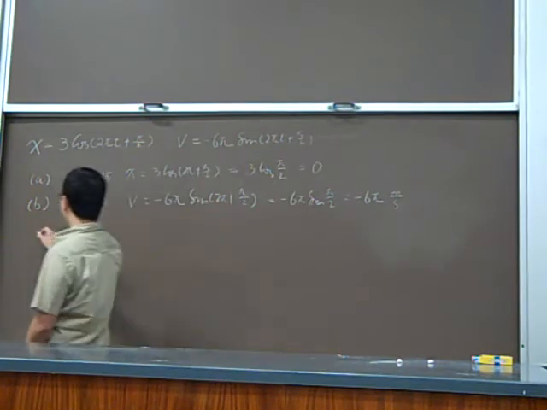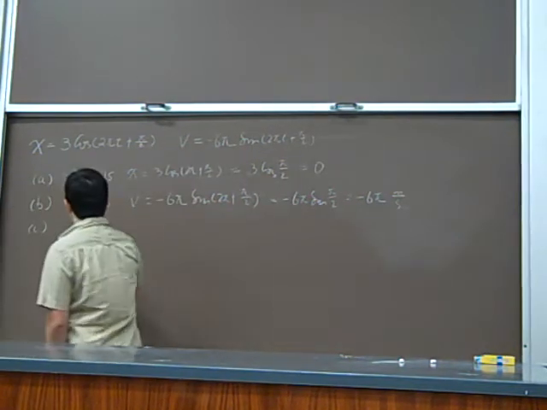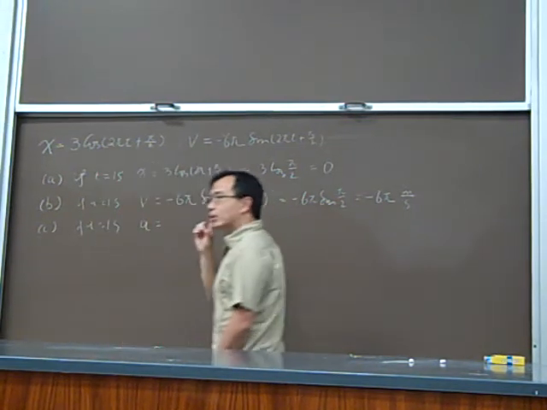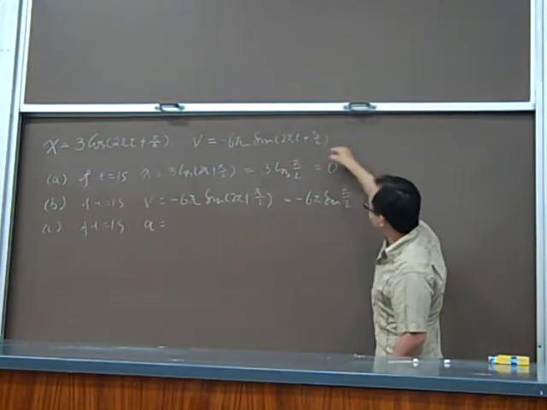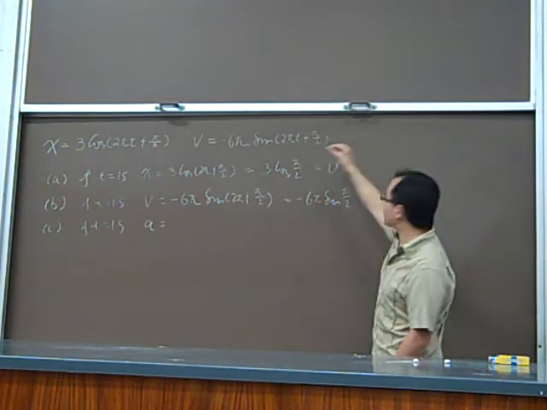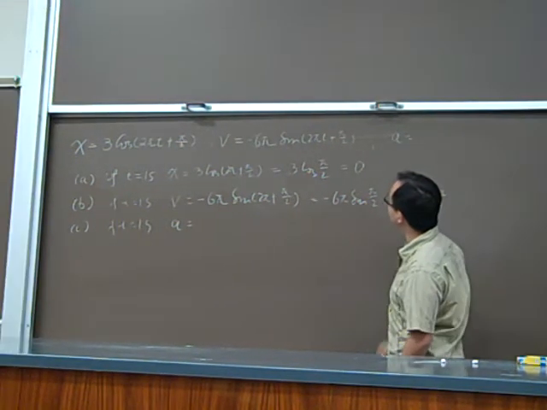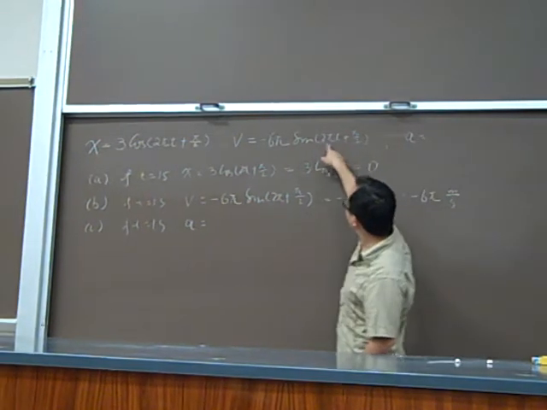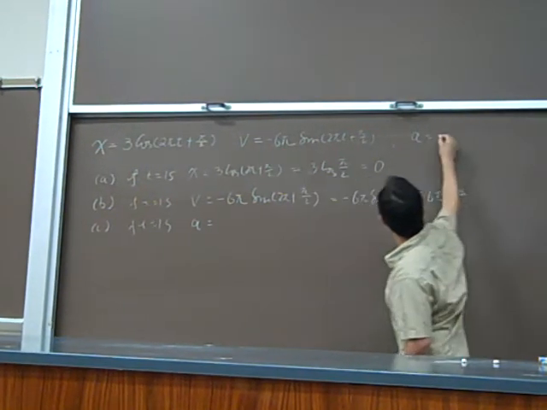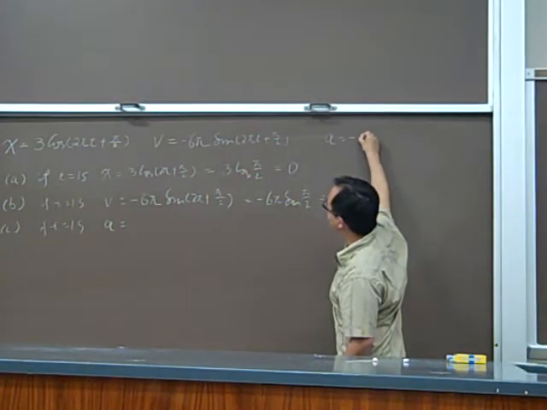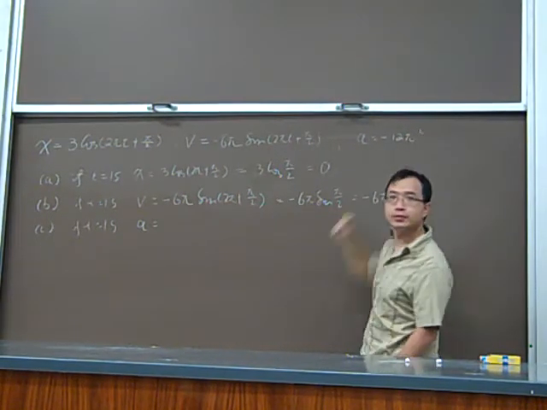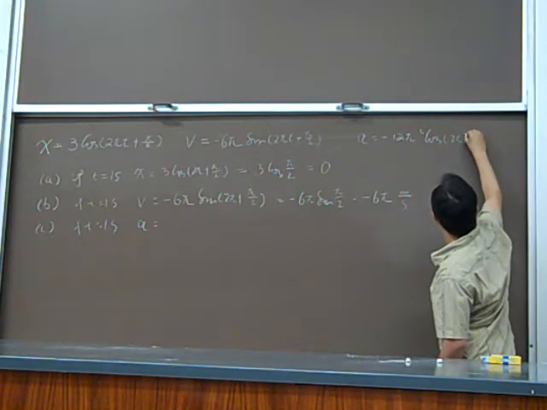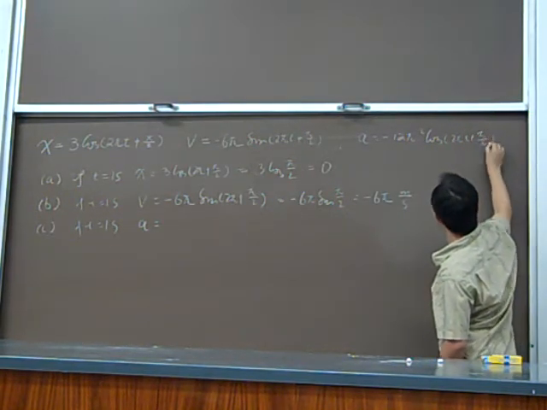C, okay. If t equals 1 second, what is the acceleration? You just need to further take the derivative, so you can get the acceleration function, which has one more 2 pi, so it's negative 12 pi squared multiplied by cosine of 2 pi t plus half pi.